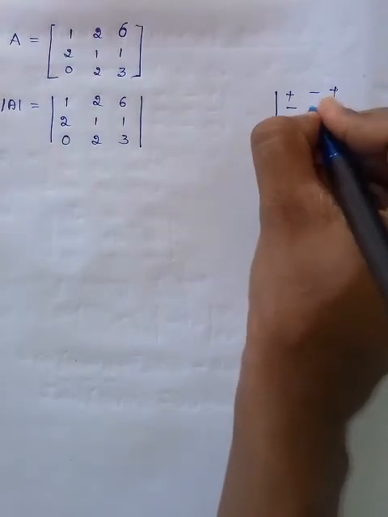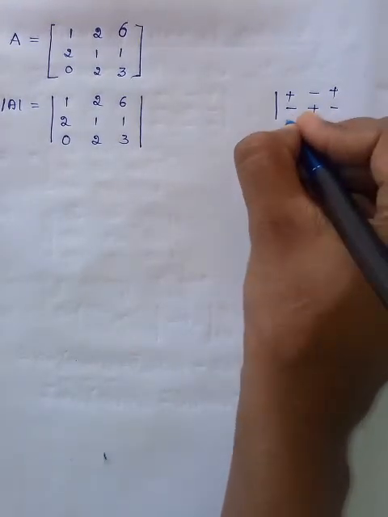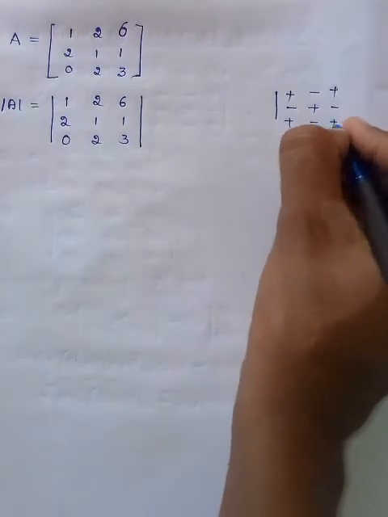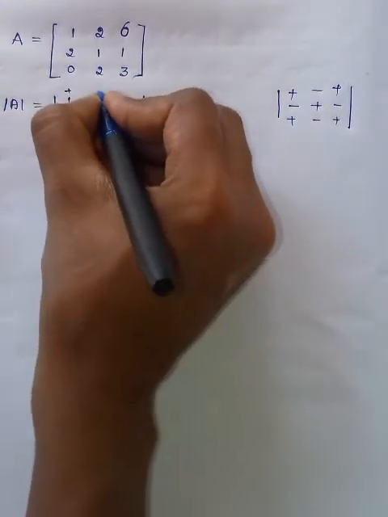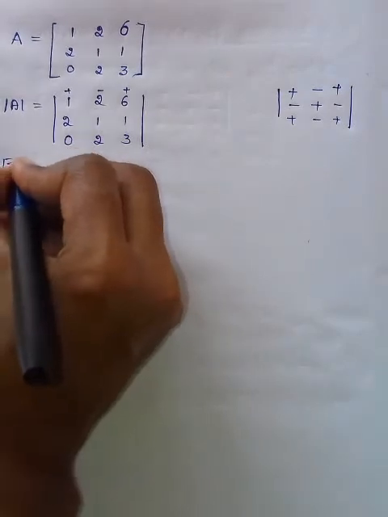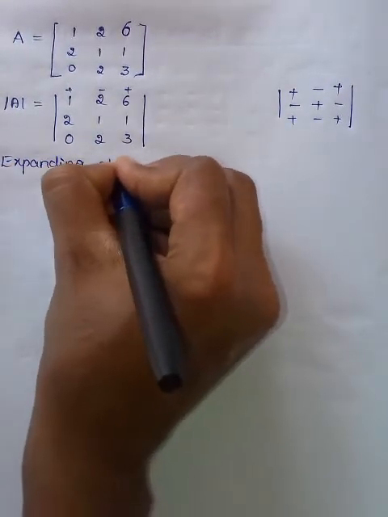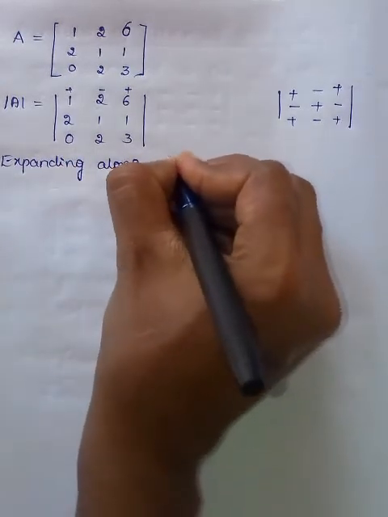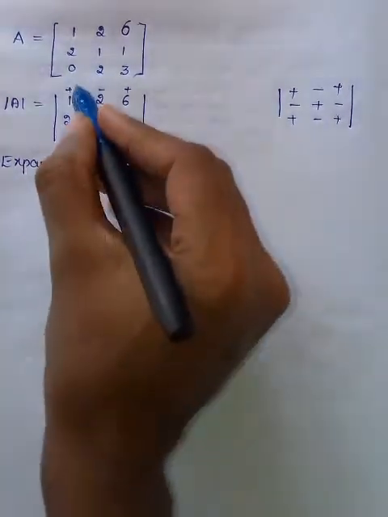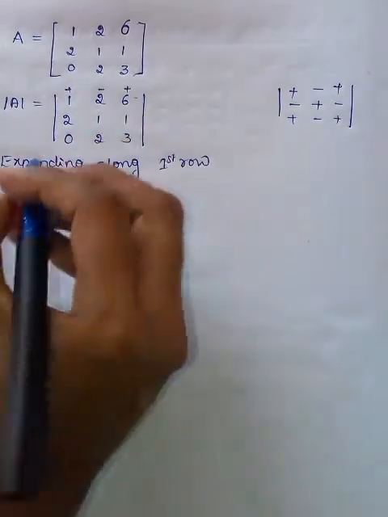The second row is minus, plus, minus, and the third row is plus, minus, plus. Now expanding along the first row, that is, expanding along this row.